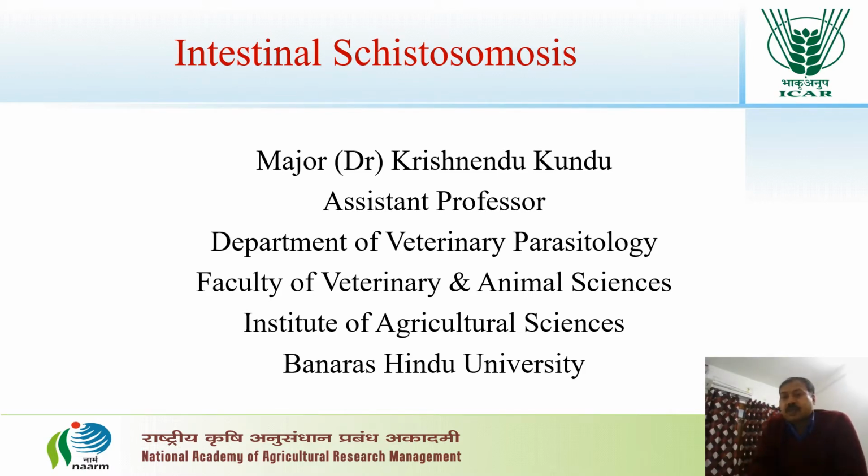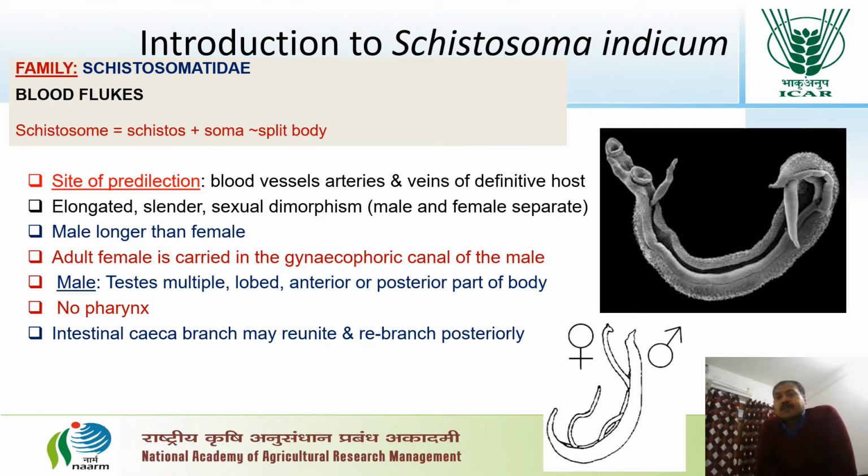So first, let us know what is schistosomosis and what is intestinal schistosomosis. Intestinal schistosomosis is a disease of ruminants which is caused mainly by species from the genus Schistosoma.